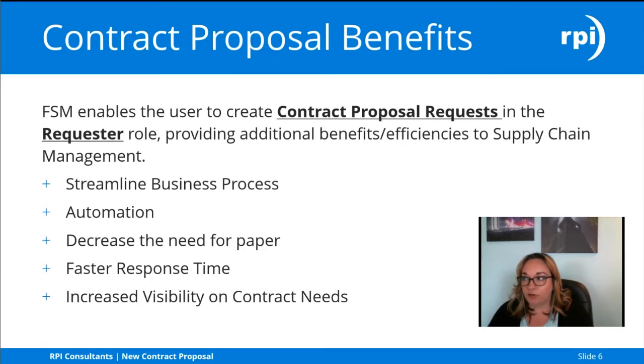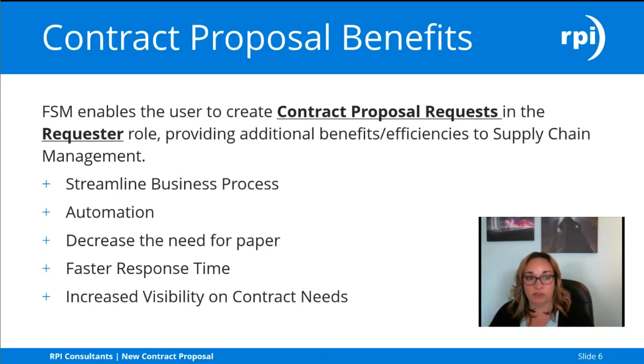The contract proposal is going to help to decrease the need for paper. So everything that we're going to look at today can be done electronically. And again, it kind of helps to keep the process organized and all in one place. And then if you're that requester who's actually the one who's doing the requesting, there's going to be a faster response time.